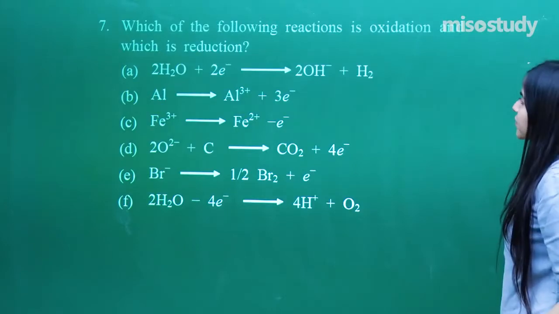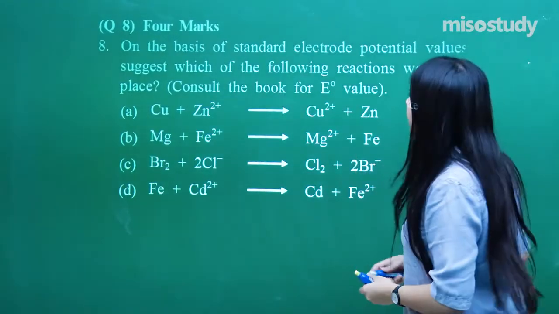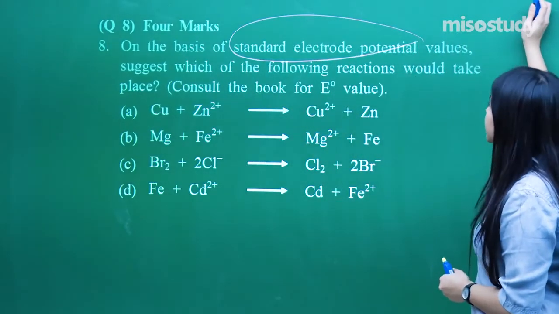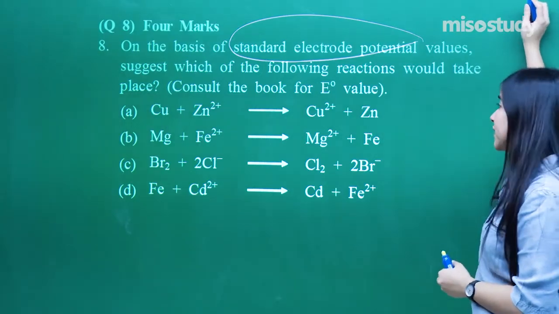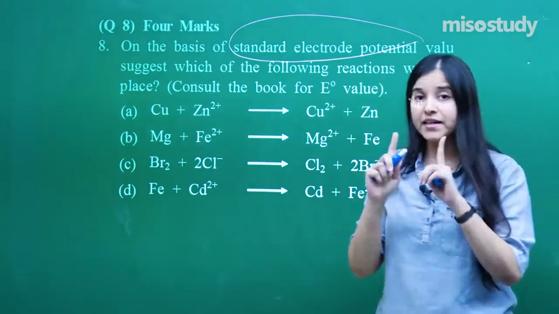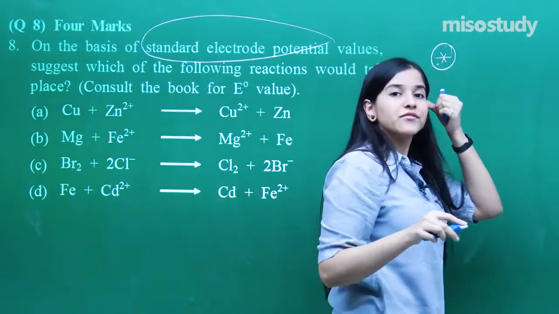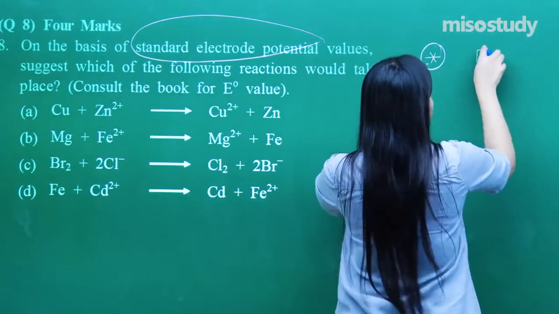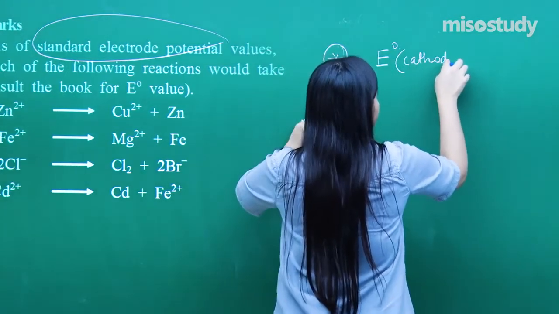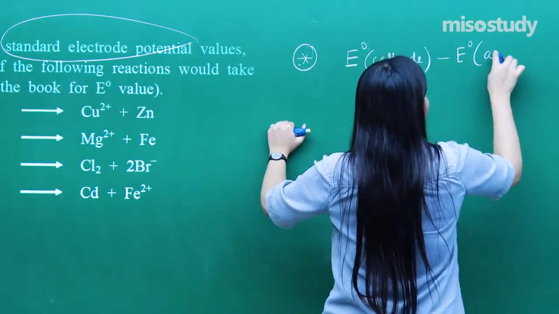Let's move on to question number 8. It is the 4-mark question, a very interesting one. On the basis of the standard electrode potential values, suggest which of the following reactions would take place. Now, what we have to find out is which reaction is taking place. It's a very important point, write it down: whenever we have to check whether a reaction is taking place or not, we need the E naught of the cathode process minus the E naught of the anode process.